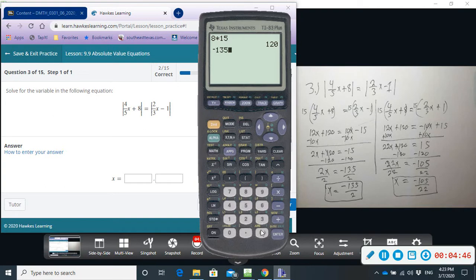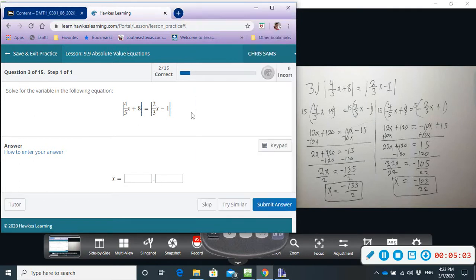Negative 135 divided by 2. Yeah, it's not going to be a whole fraction. So we'll type both of these answers in as they are. And then negative 105.